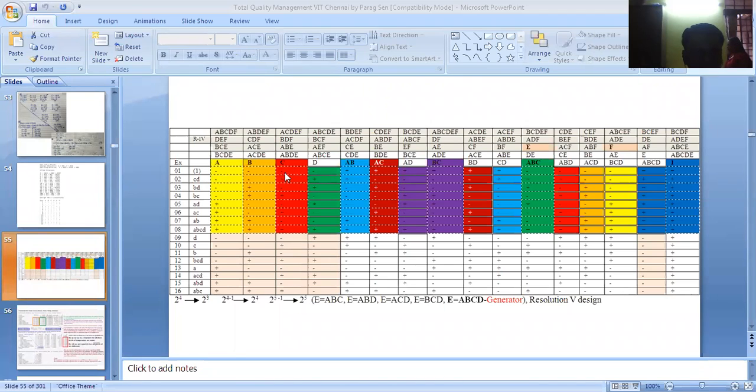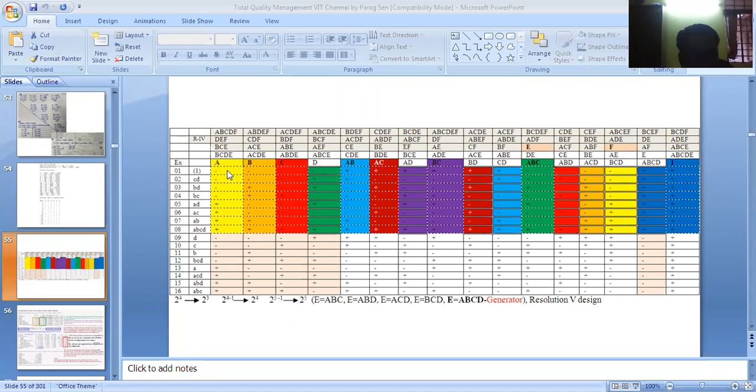Minus minus minus minus, so minus minus plus plus, so two factors are getting changed. Or if you randomly choose any two, minus plus minus plus plus plus plus plus, so two factors are changing simultaneously.